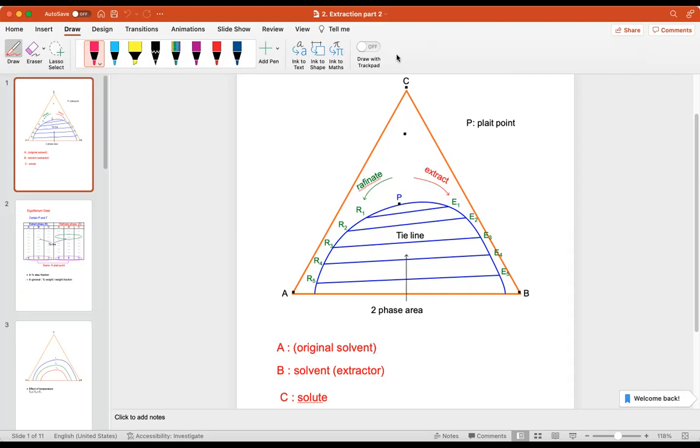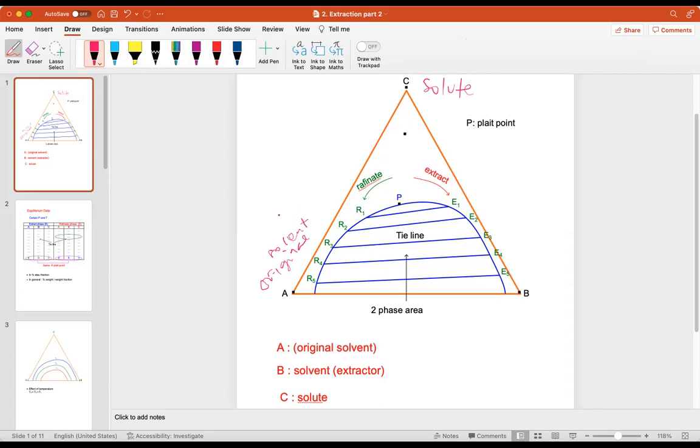Okay, the convention here, we use C as the solute. The one that we want to be removed from the original solvent is the solute. For example, we want to remove acetic acid from water. So the acetic acid is the solute, and we put it on the top, at C. A is the original solvent.